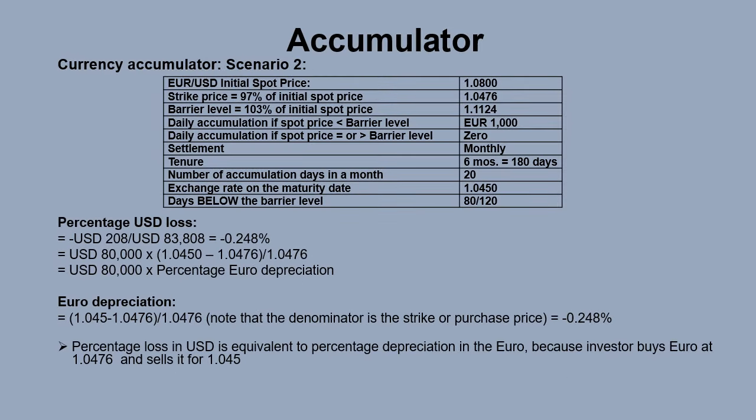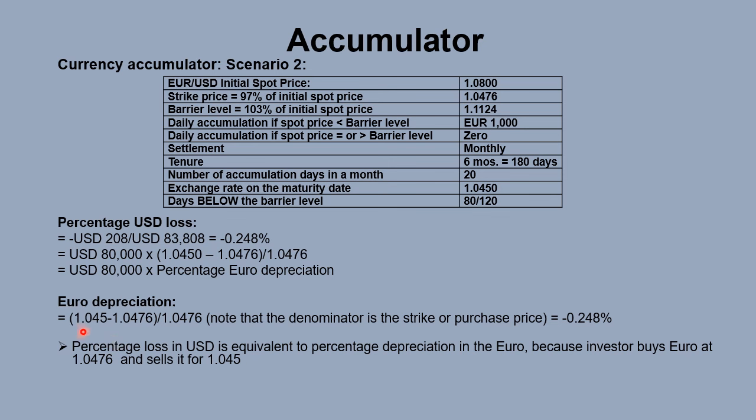In percentage terms, the loss is minus USD 208 divided by USD 83,808, which is minus 0.248%. This is equal to 80,000 into 1.045 minus 1.0476 divided by 1.0476, which is the same as USD 80,000 into the percentage depreciation of the euro.